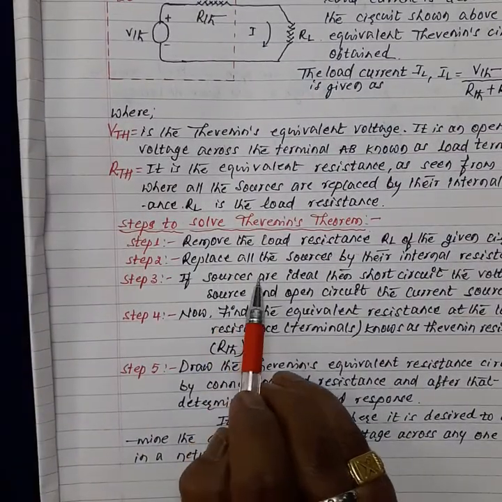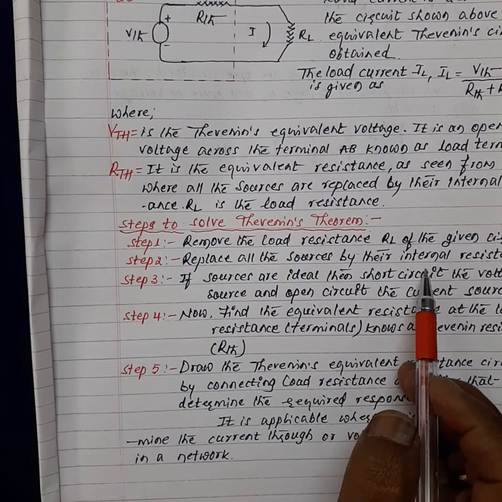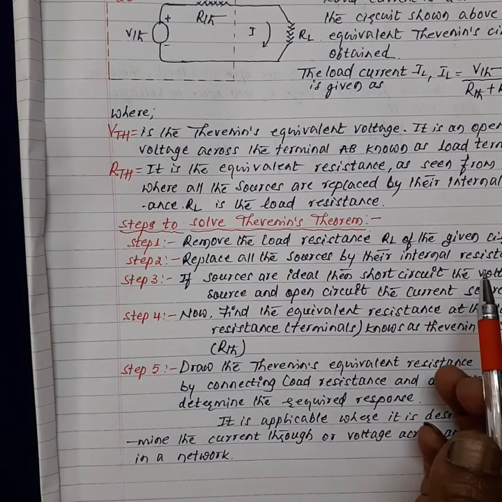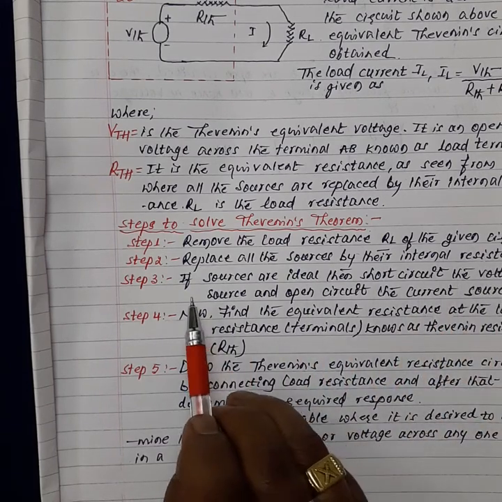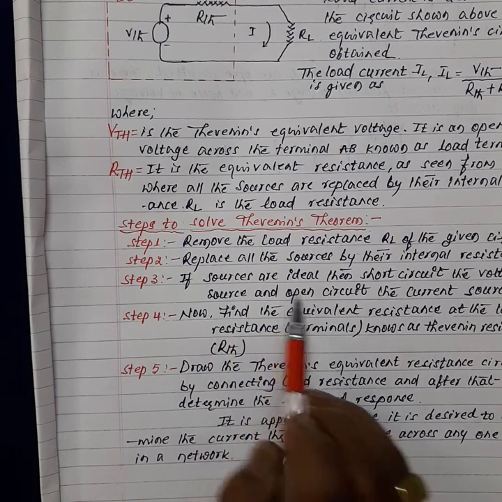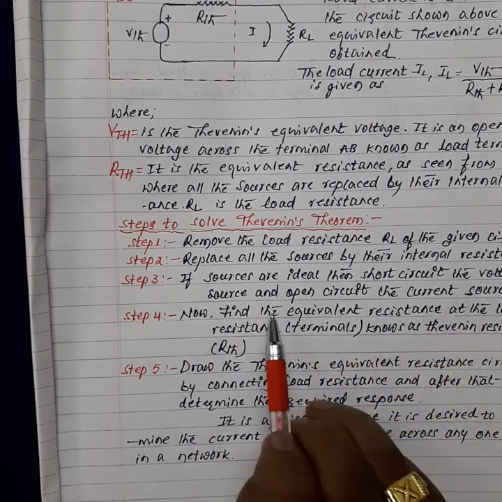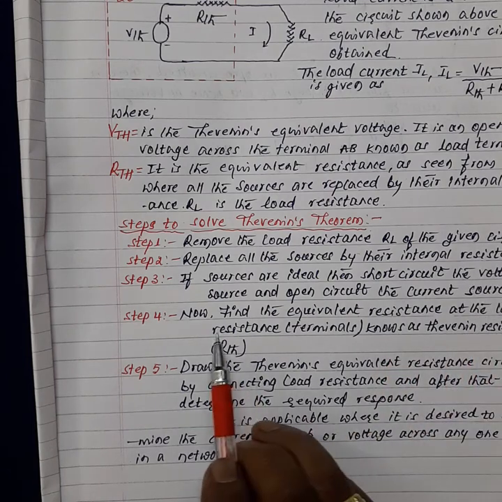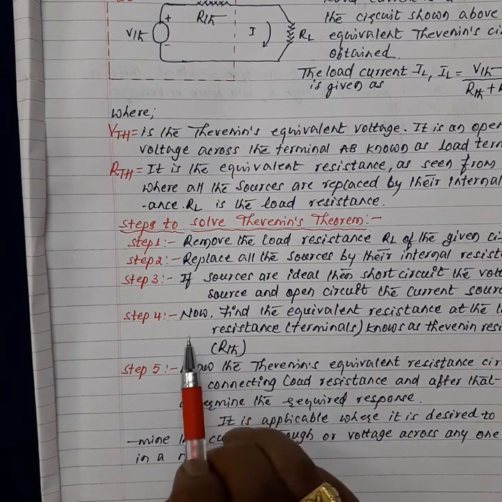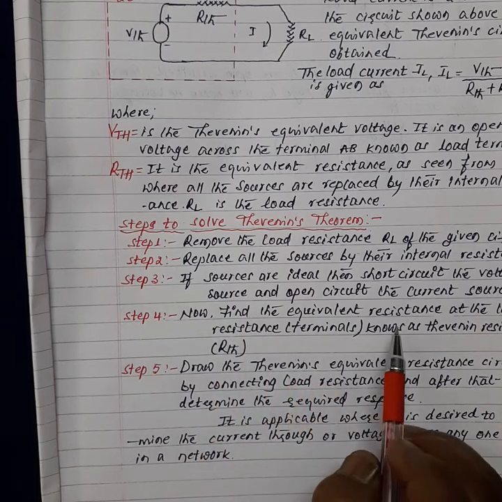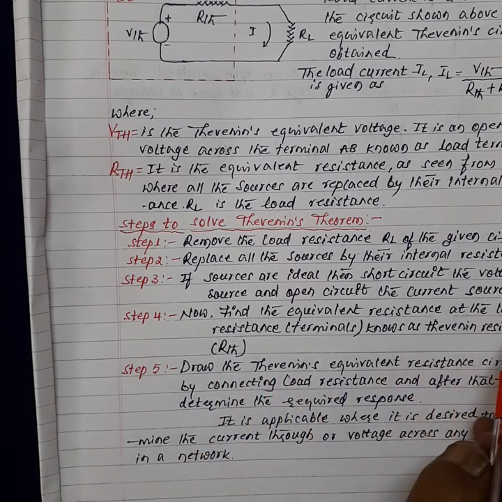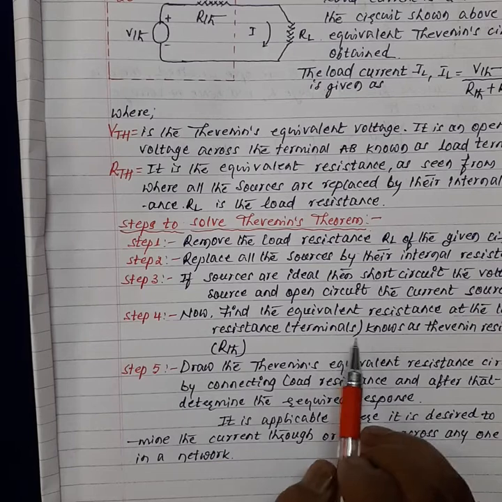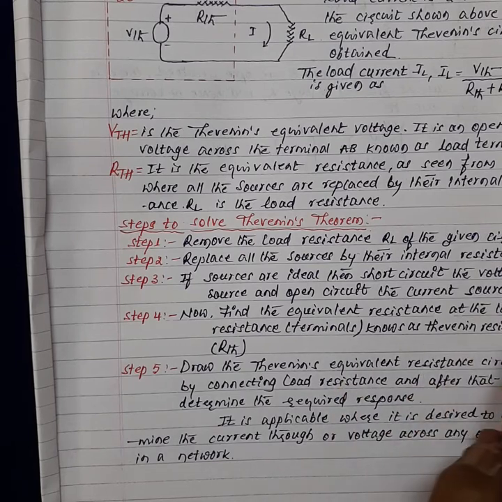Second, replace all the sources by their internal resistance. If the sources are ideal, then short circuit the voltage source and open circuit the current source. Next, find the equivalent resistance at the load terminals, known as Thevenin resistance RTH.